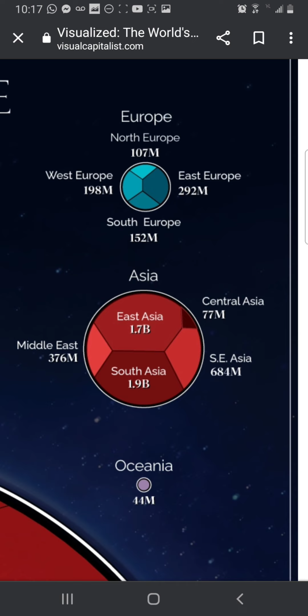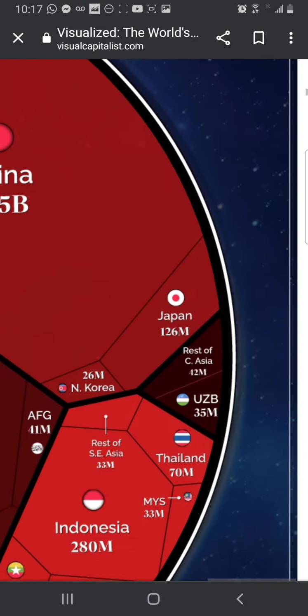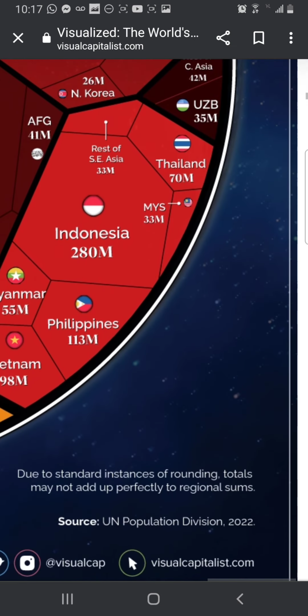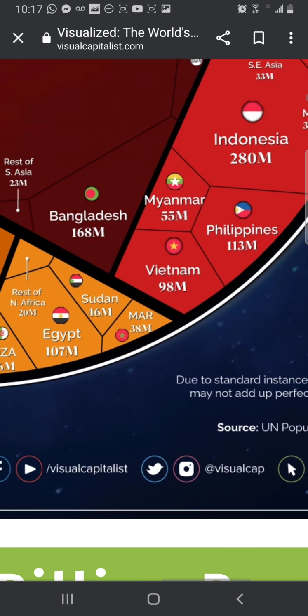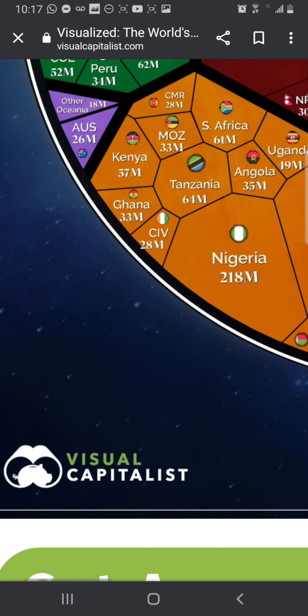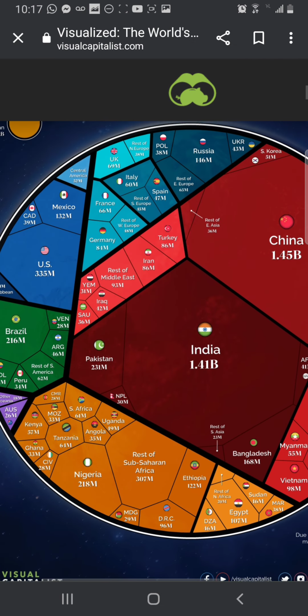Middle East 376 million. South Asia 1.9 billion population. East Asia 1.7 billion. And I don't think there's anything else to report. Okay, so let's go to the map itself.